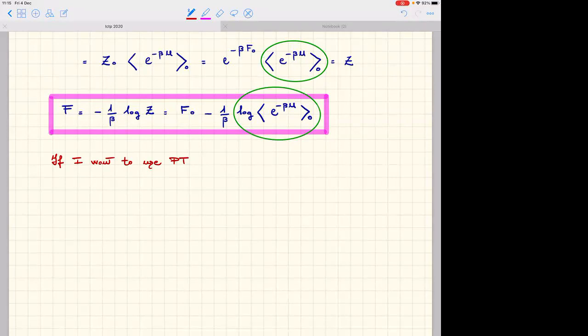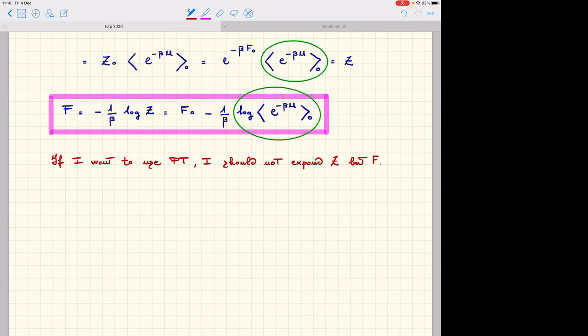Have you done it in quantum mechanics? Good. So if I now want to use perturbation theory, I should not expand Z, but F.